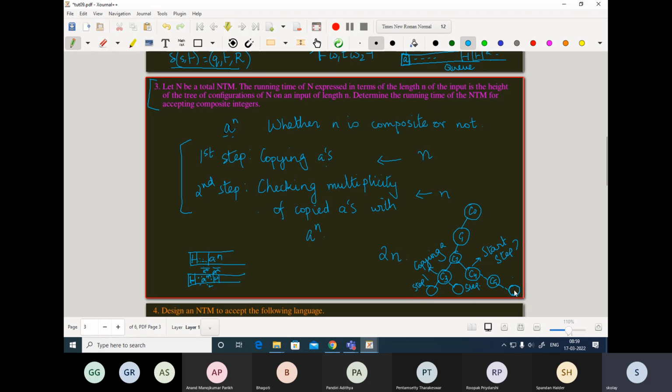At the end, at this leaf, you're saying yes or no. Similarly, over here, at some point, you will decide to go to step 2, after which you have a path, at the end of which, at the leaf, you're saying yes or no. So the time complexity of this NTM is basically the height of this tree, not the total number of configurations in the tree.